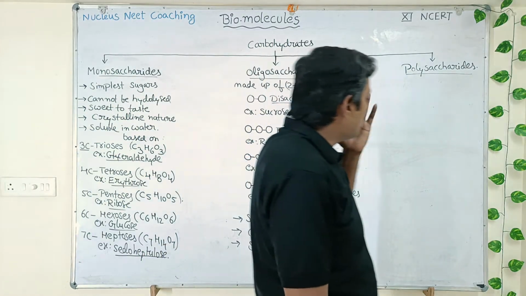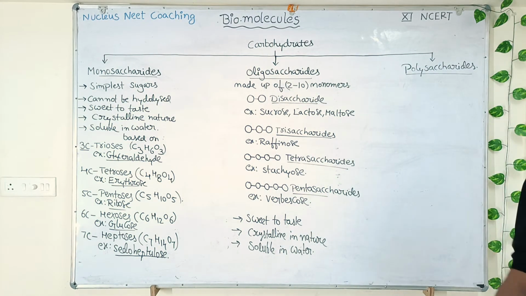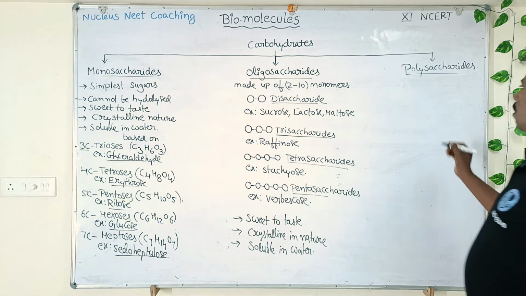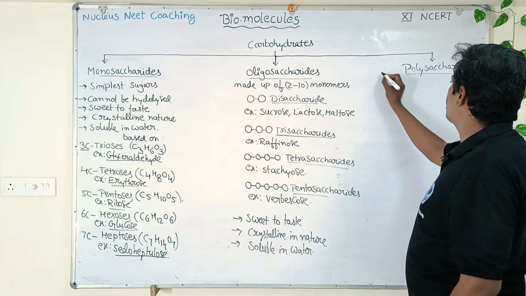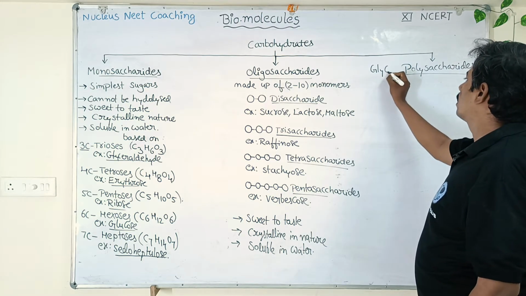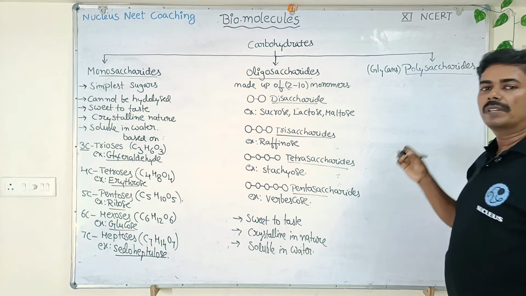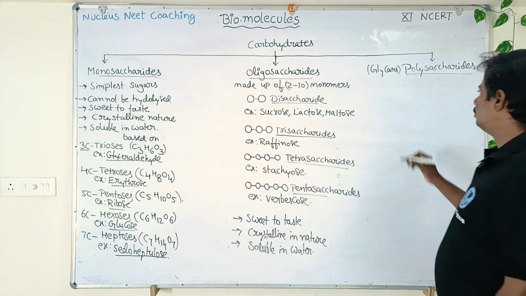Now let us see polysaccharides. Polysaccharides are also called glycans. They have a high molecular weight, above 10,000 Daltons.